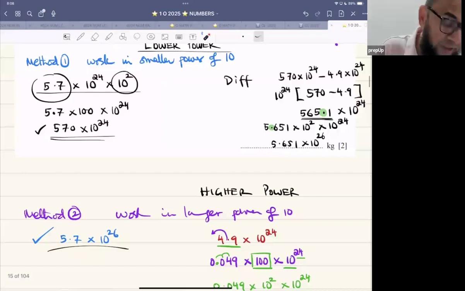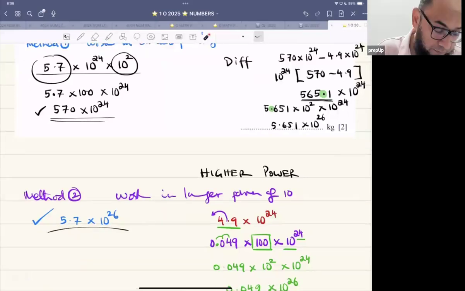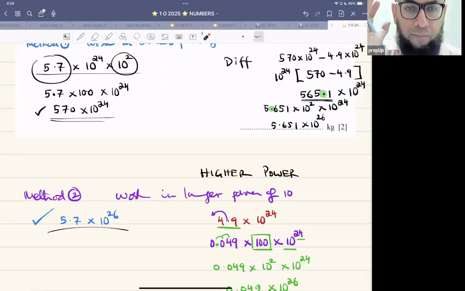1. So there is method 1. There is method 2. And this is higher power. So which one do you find easier? I think that's your choice. It's not a matter of right and wrong.